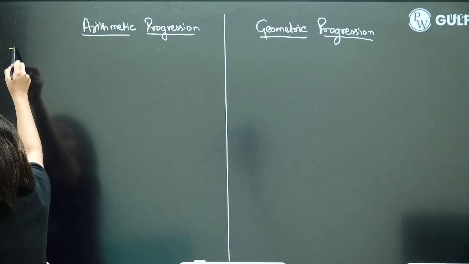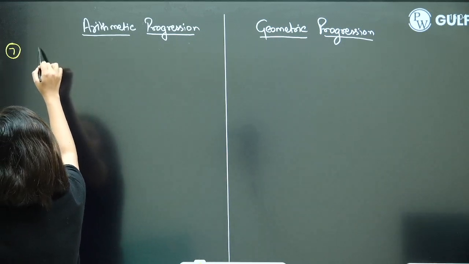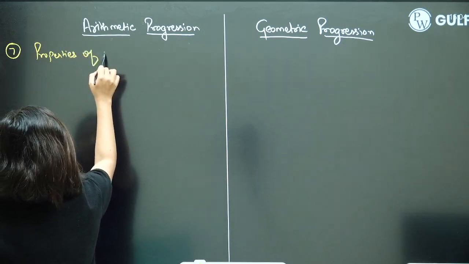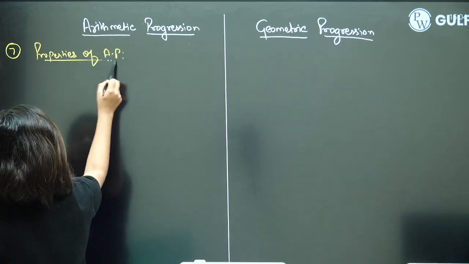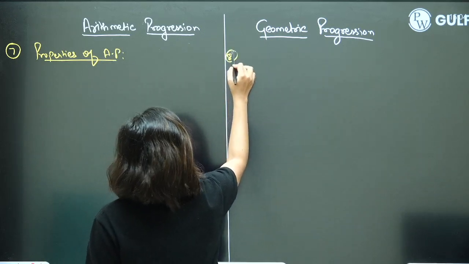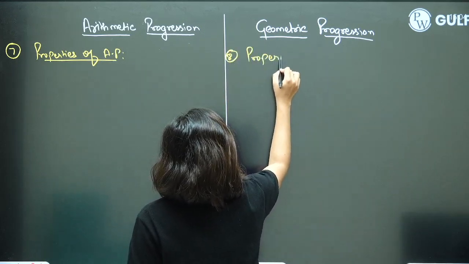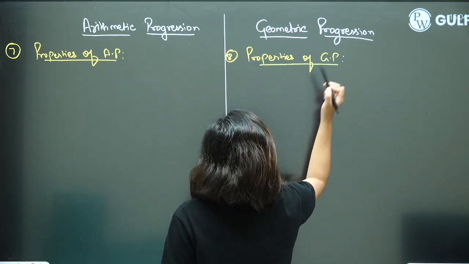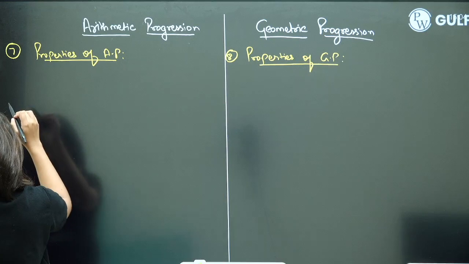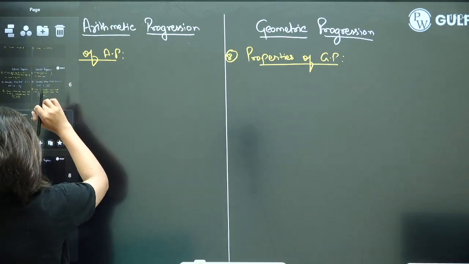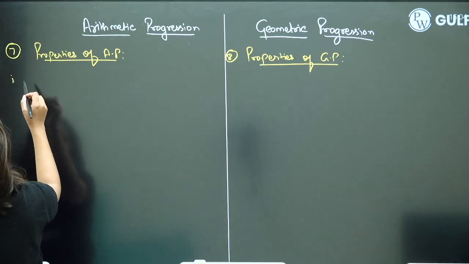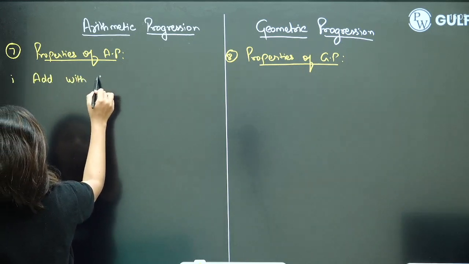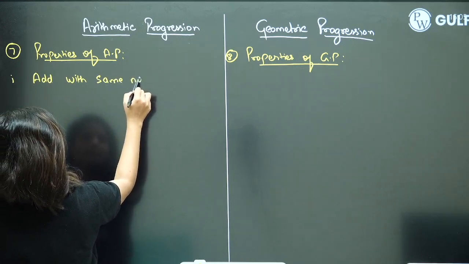Next, let's check the properties of AP and GP. Properties of AP are: first, addition of the same number will give us an AP.